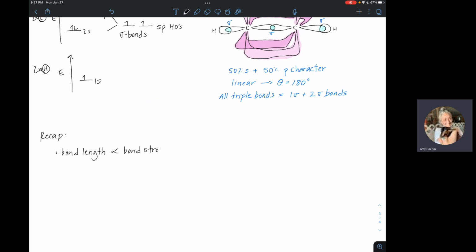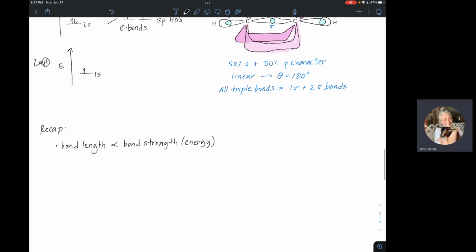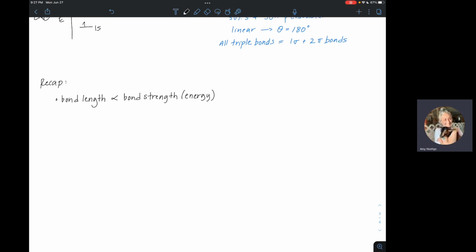The shorter the bond, the stronger the bond. So in other words, the energy will be higher. We care about that. More energy is given off when the bond is formed. More energy is required to break it. So we do care about that when we're doing synthesis, right?